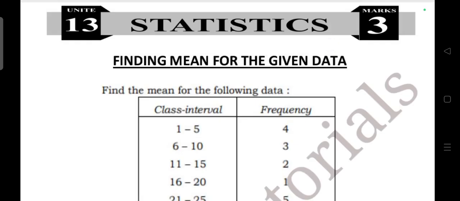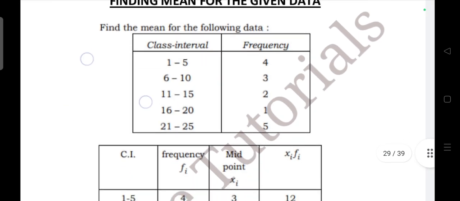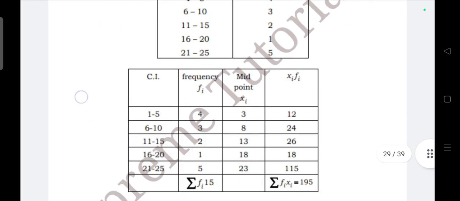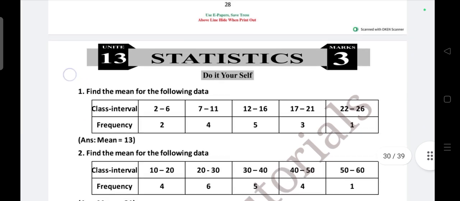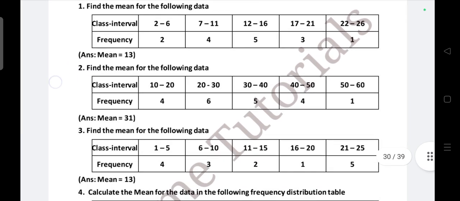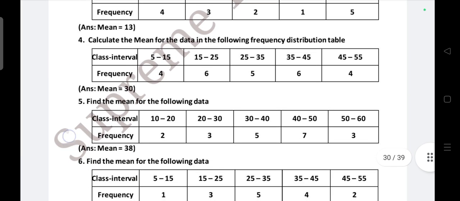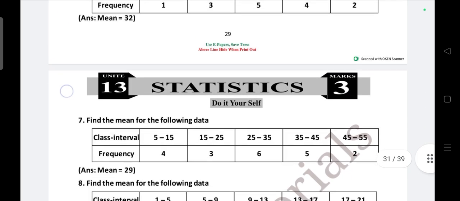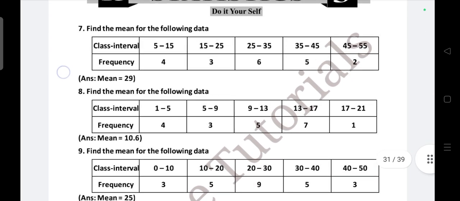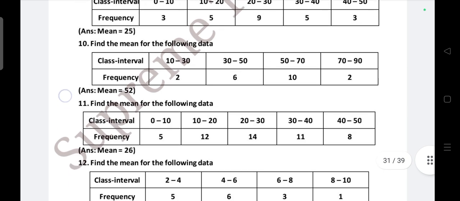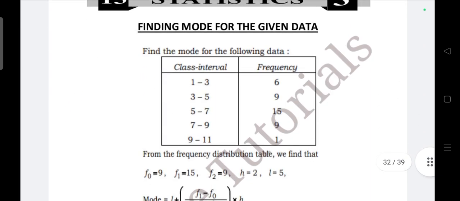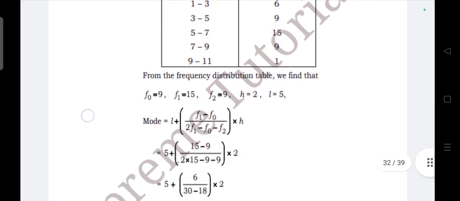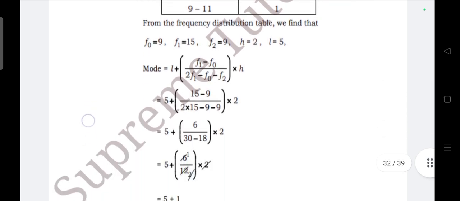Next come to statistics. First one, find the mean of the following, 100% they'll give. So this is the answer, how to solve for the mean. This is for your practice. Find the mean. Same, this type of question they'll ask, 100% they'll ask. Then find the mode of the following data. One is solved for you. Take a screenshot if you want.